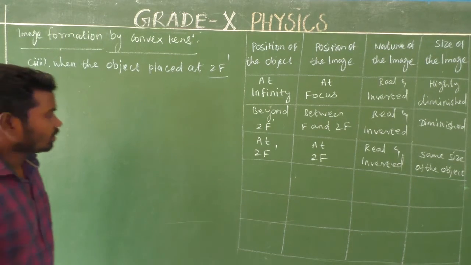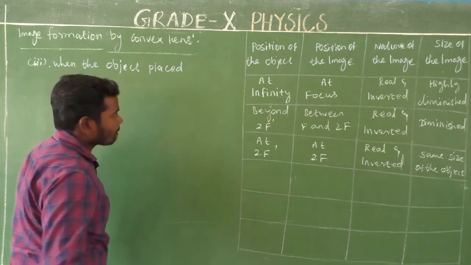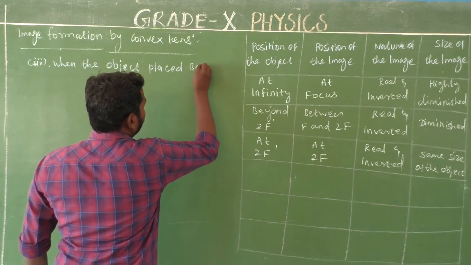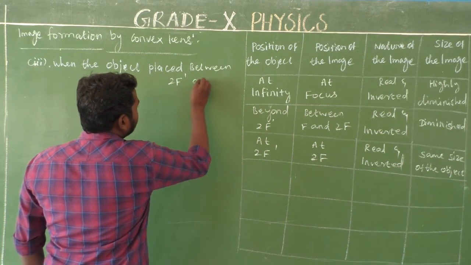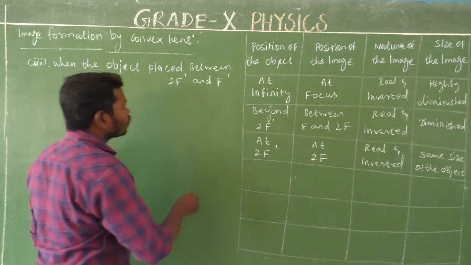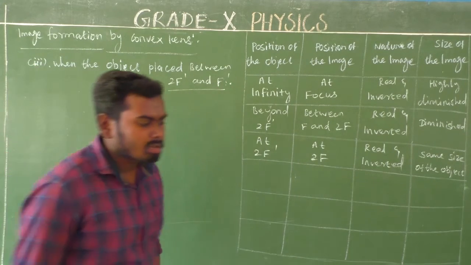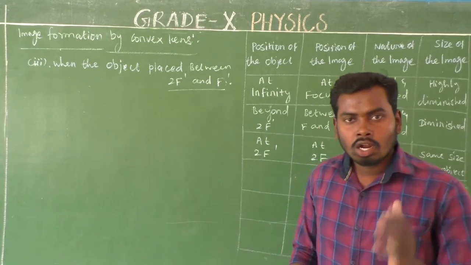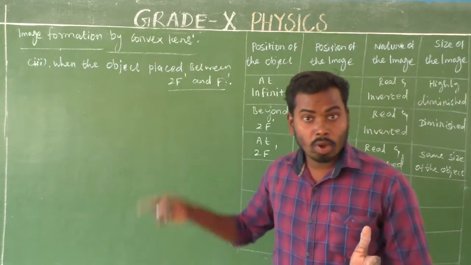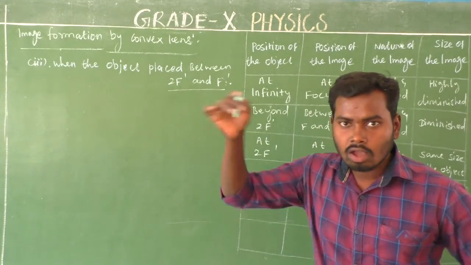Very simple. So what is 2f dash, sir? 2f dash is nothing but twice of its focal length. So I am going to place the object between twice of the convex lens focal length and the focus. Is it clear?